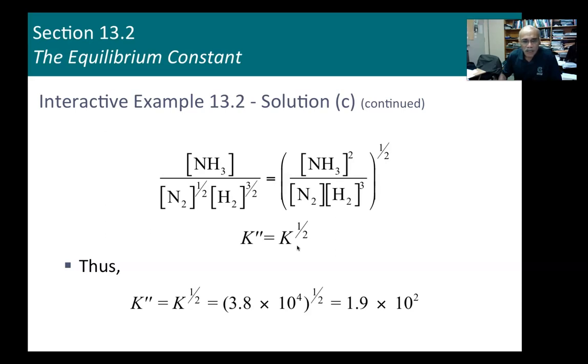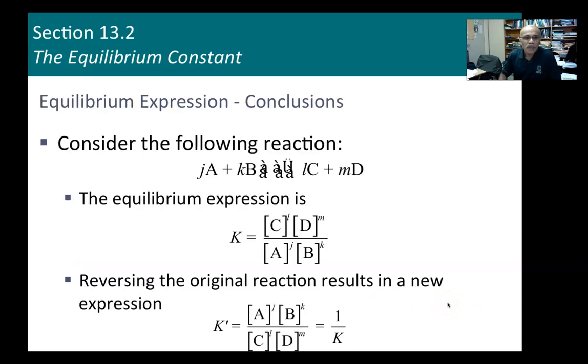For multiplying the equation by half, it will be 3.8 times 10 to the power of 4 to the half, and that will give us the value. Again, let me emphasize, no unit for the equilibrium constant. So now let's look at the generalized expression.